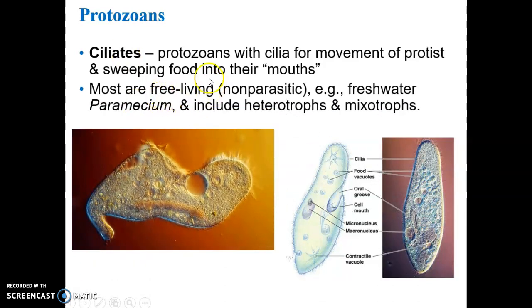So most of the ciliates are free-living, non-parasitic. They're just out being heterotrophic, feeding on other things. But again, some can be mixotrophic, like euglena. So a real common one is the paramecium, which is a common freshwater ciliate protozoan.